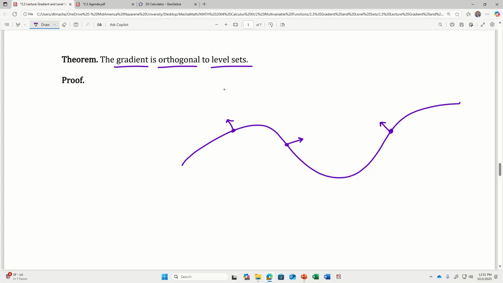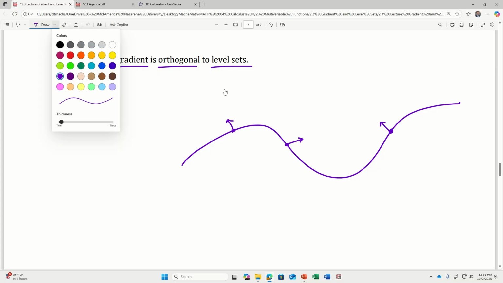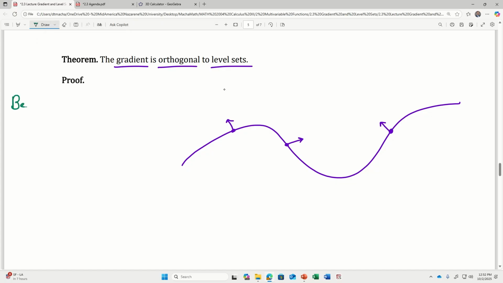So why is the gradient orthogonal to level sets? Because if at some point P, we'll call this point P, I choose a direction that's keeping me inside the level set.